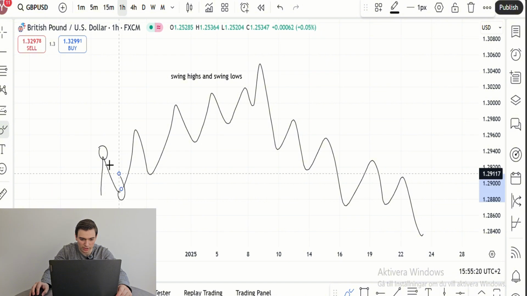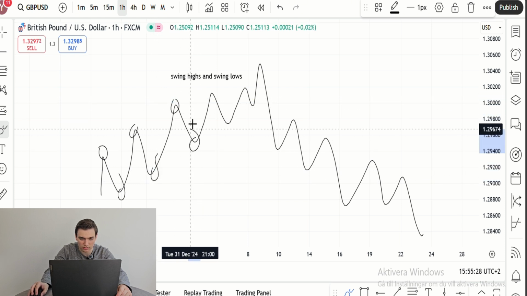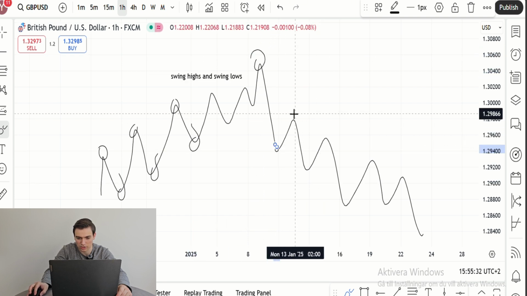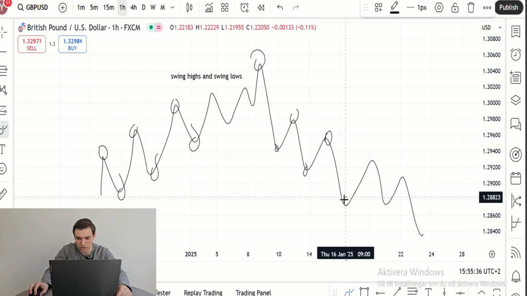This will be a swing high, this will be a swing low. Swing high, swing low. Swing high, swing low. Here, swing high, swing low. Swing high, swing low.